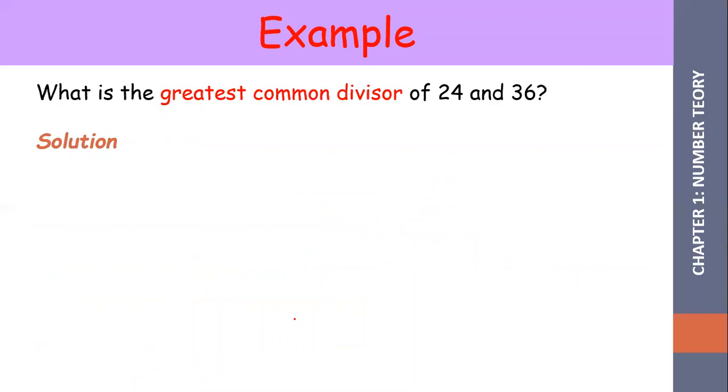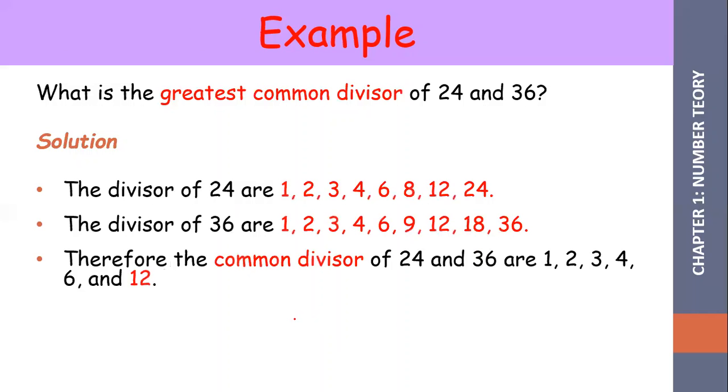So let's see another example. What is the greatest common divisor of 24 and 36? So you have to list down the possible divisors of 24 and 36 respectively. The possible divisors of 24 are 1, 2, 3, 4, 6, 8, 12, and also 24.